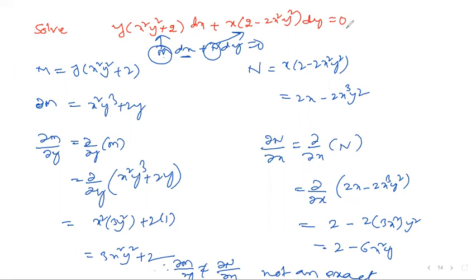Now observe whether the given differential equation is homogeneous or non-homogeneous. Homogeneous means every term should have the same degree. When I multiply, we get x²y³ + 2y in dx, with degrees 5 and 1, which are not equal, so it is not homogeneous, but it is in the form y f(x,y) dx + x g(x,y) dy = 0.